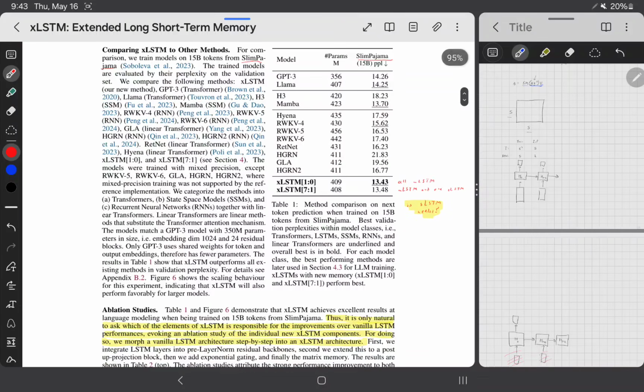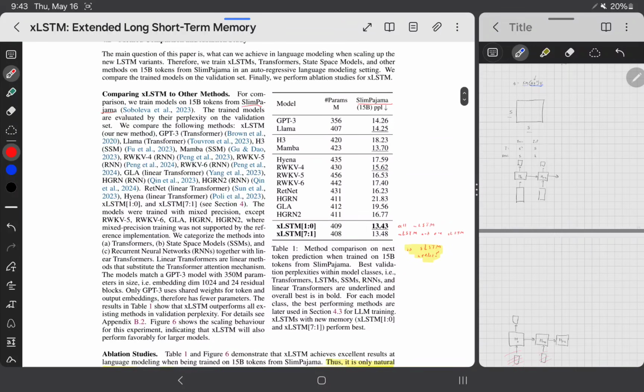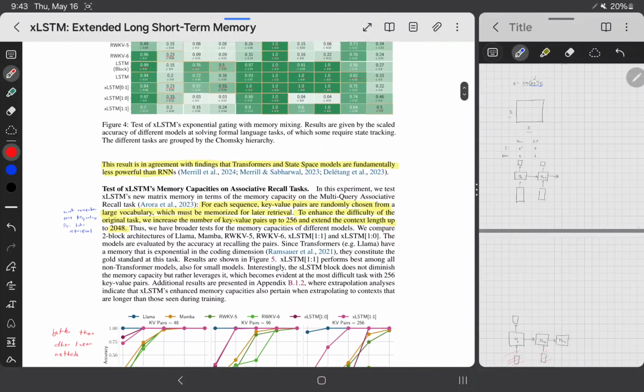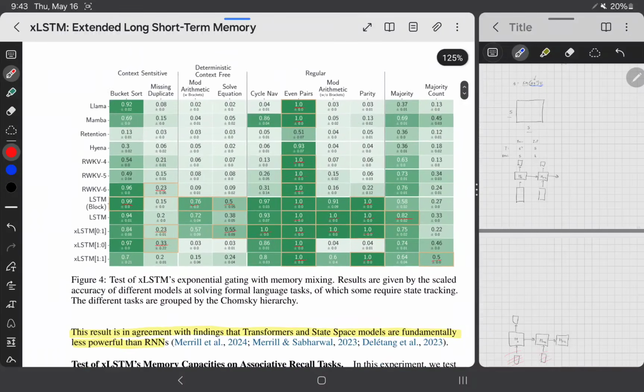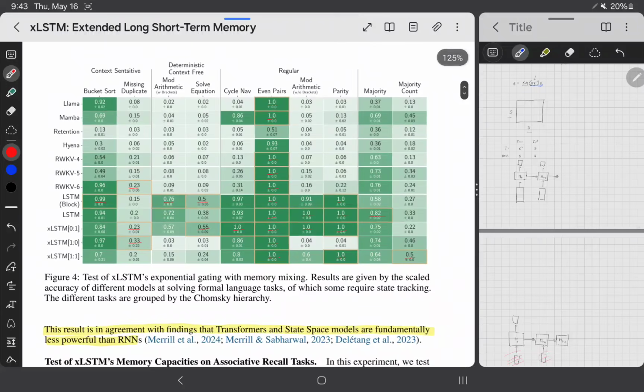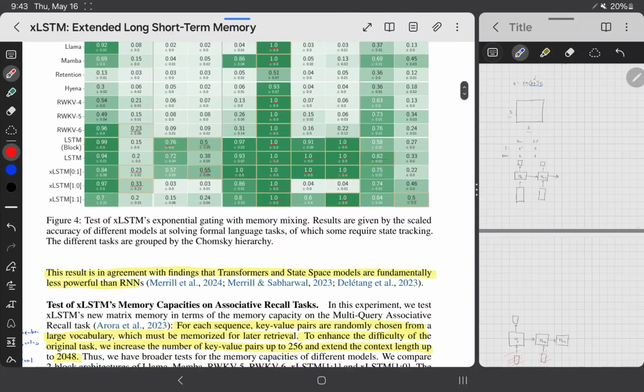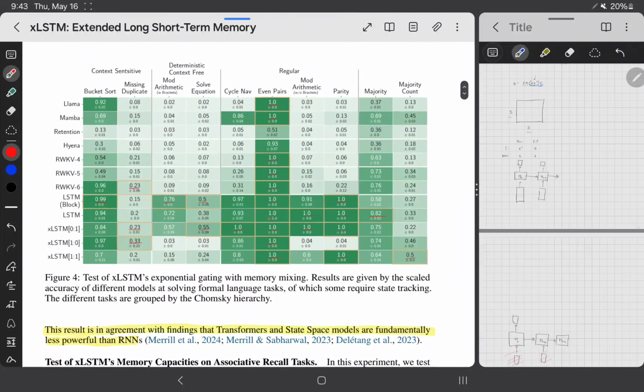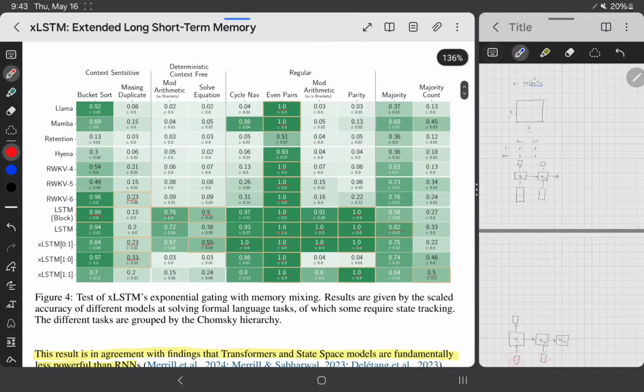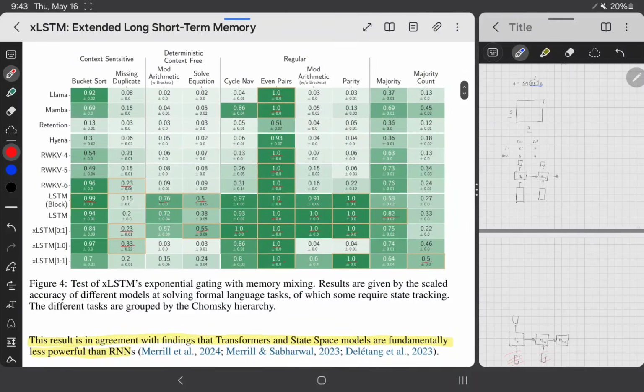So you have this proportionality here, which they use to examine their model. Overall, it looks pretty good at these different tasks. These are various tasks that they say involve state tracking and stuff like that. If you're curious to look more into the tasks, go ahead. But in general, it looks pretty good overall.